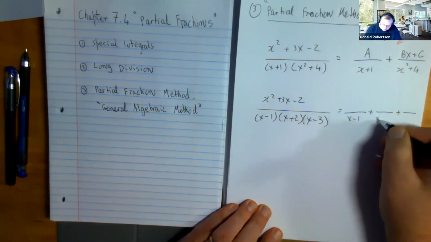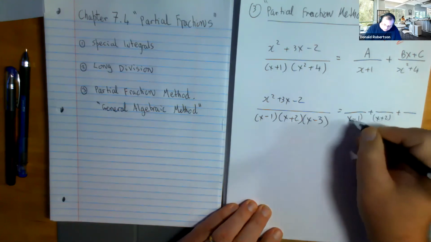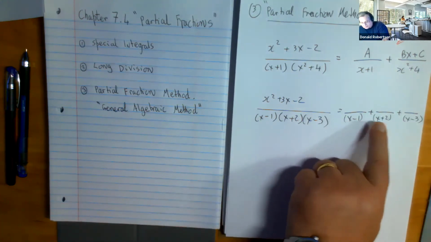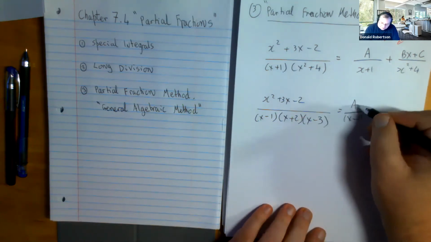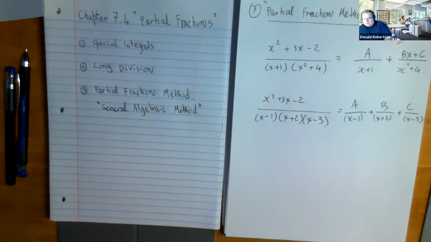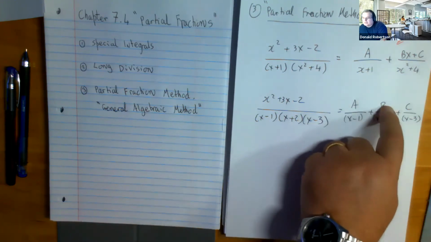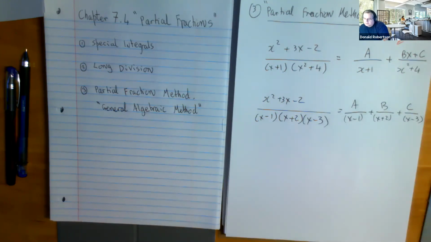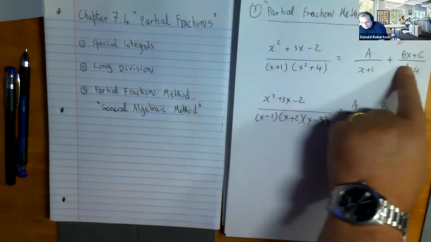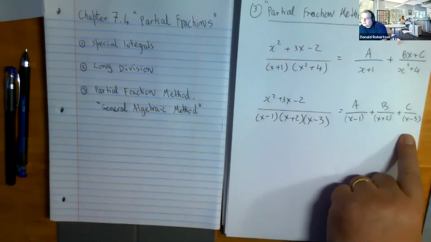One for each fraction, right? Now, since these are linear terms, won't that mean that they're just a missing number? Not an Ax plus B, but just a missing A, a missing B, and a missing C. So you notice the slight difference between how this partial fraction gets split and this one.